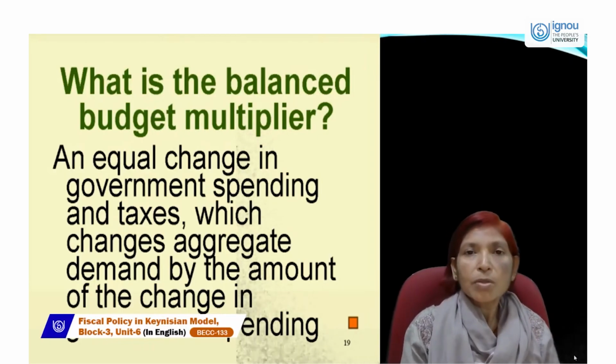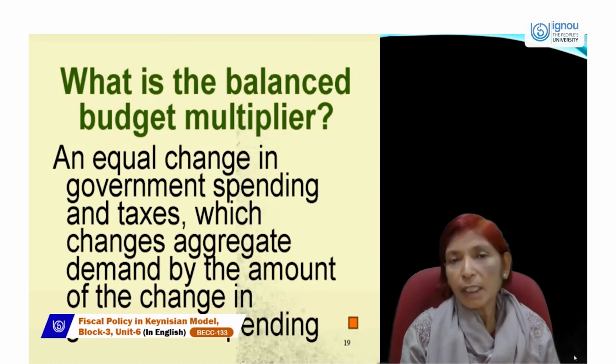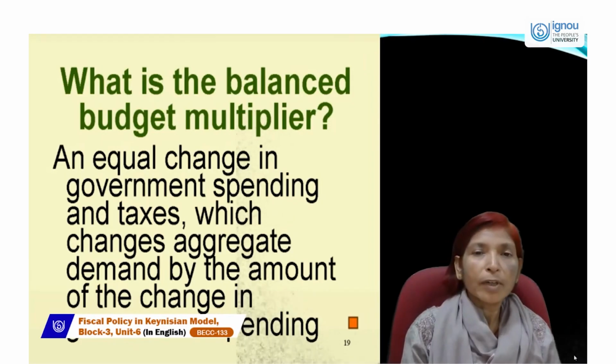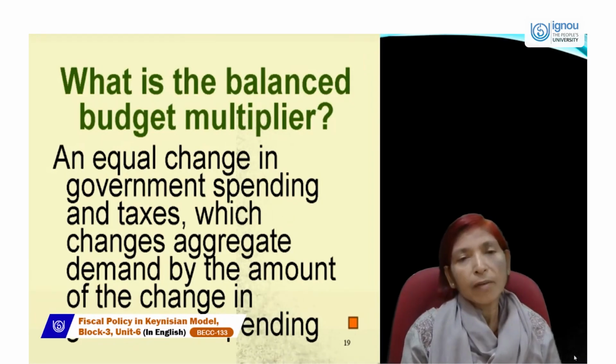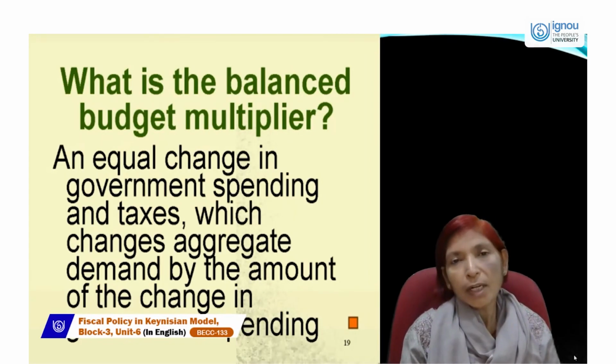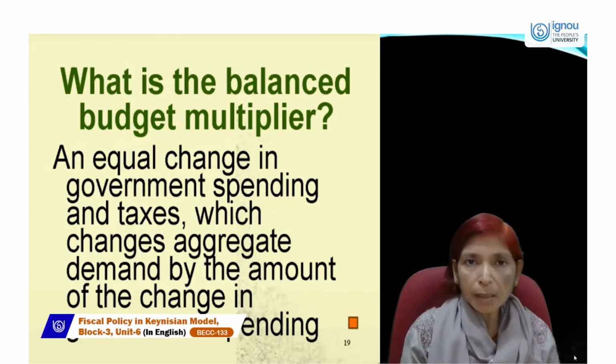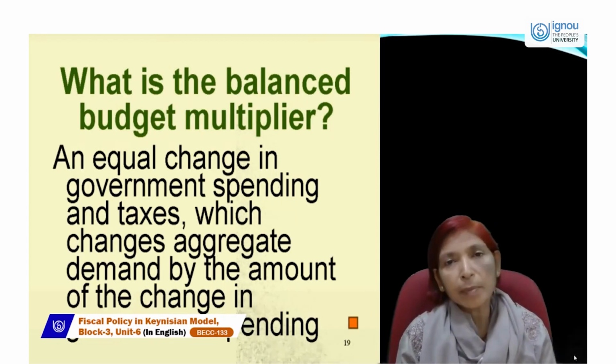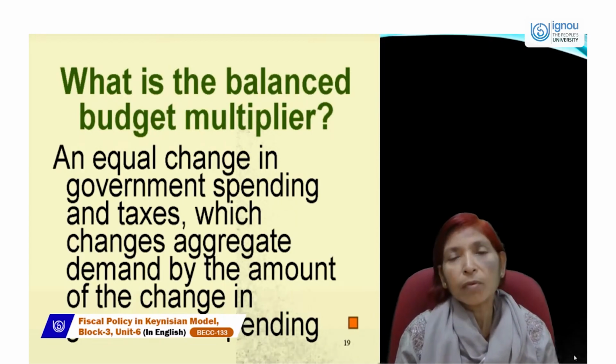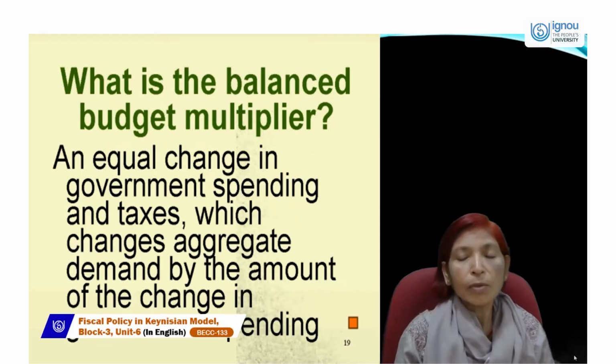When we are talking about government spending multiplier, then we will take delta Y upon delta G, and if we take tax multiplier, then formula will be the ratio of delta Y upon delta T, and the sum of government spending multiplier and tax multiplier will always be equal to 1 or unity.